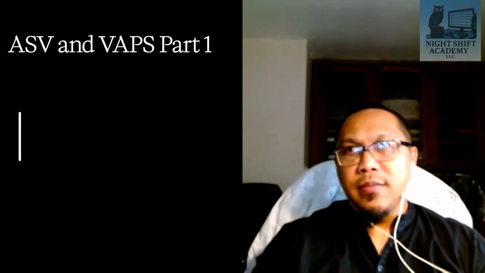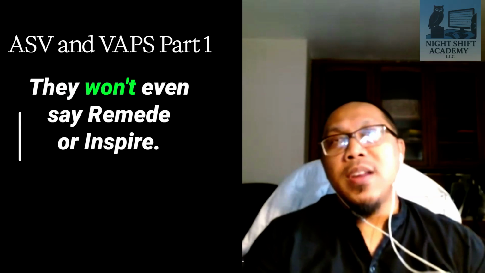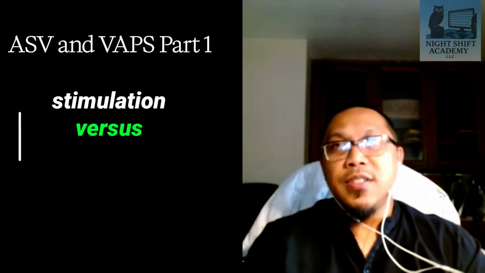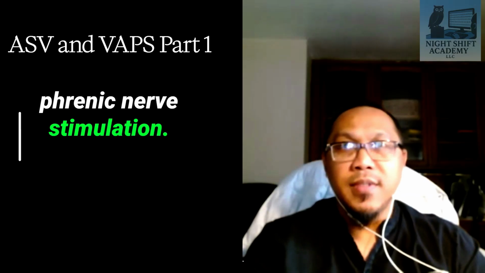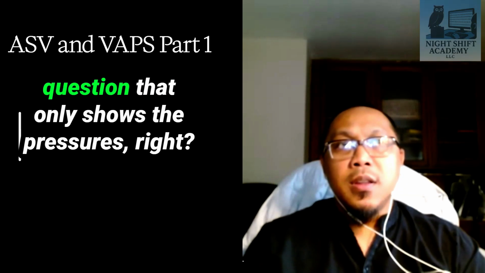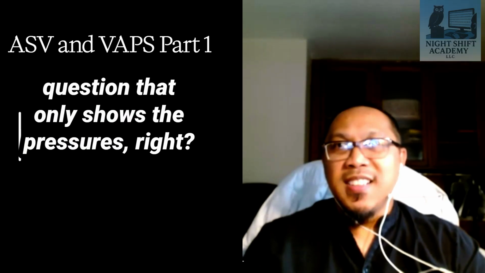All right. In the exams, they don't mention brands. It's actually against the rules to mention brands. They won't even say ResMed or Inspire. They'll say hypoglossal nerve stimulation versus phrenic nerve stimulation. They won't say brands. They will give you a question that only shows the pressures, right?